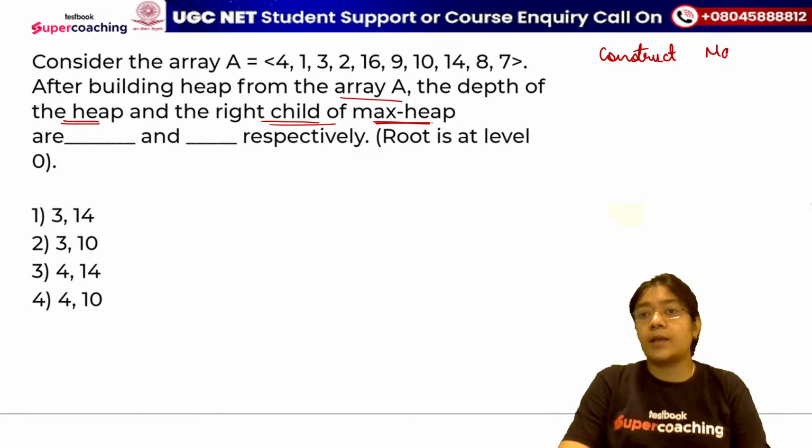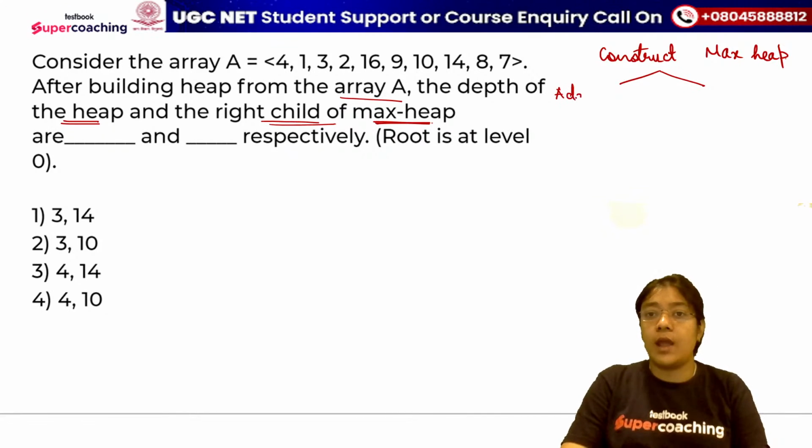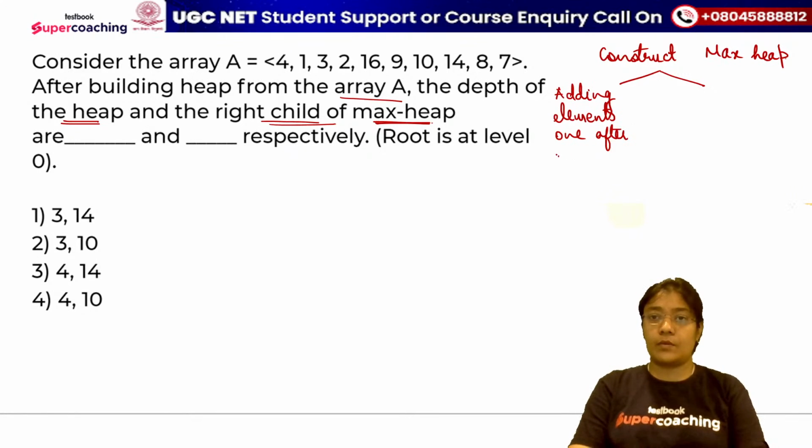How many ways? Two ways. One is adding the elements one after another, and the other method is using the build heap method.